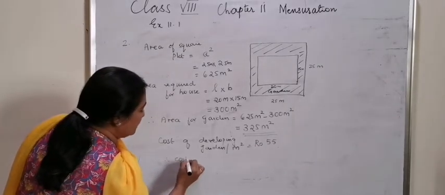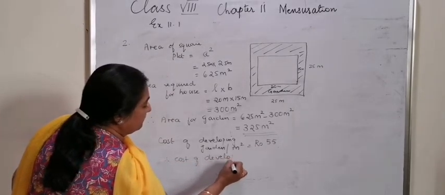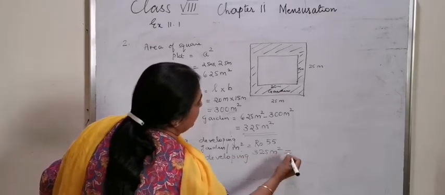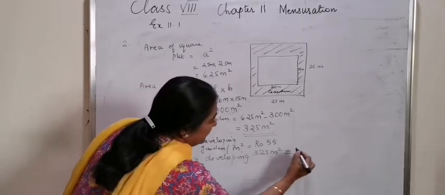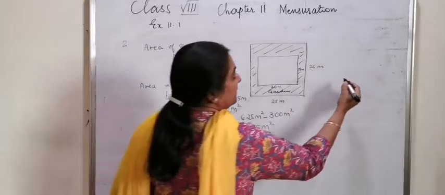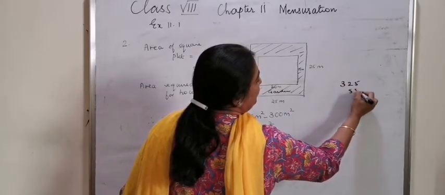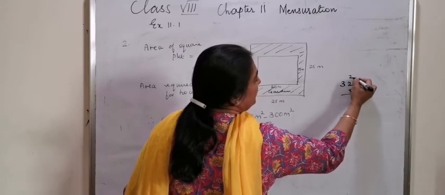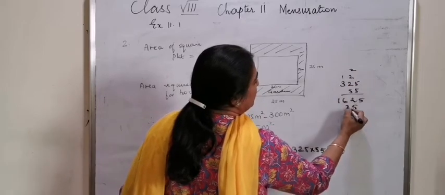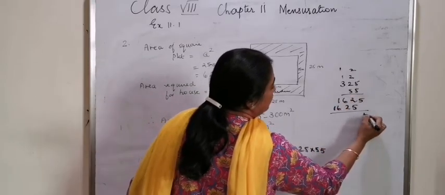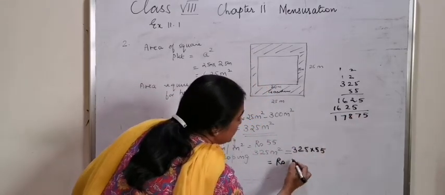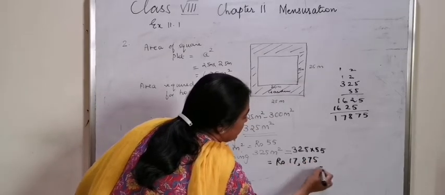Therefore, cost of developing 325 meter square is equal to 325 into 55. Let's multiply 325 into 55. 5 5s are 25, 10, 12, 16, 2, 5 2s are 10, 12, 16, which is equal to rupees 17,875.